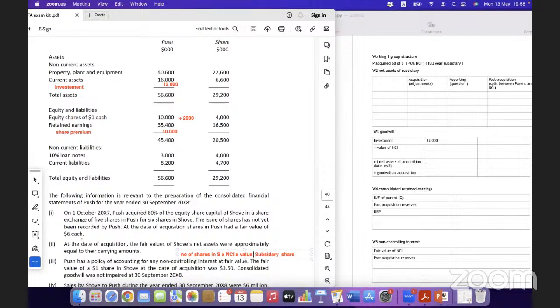Value per subsidiary share. So in some questions, they will give the value of NCI. Some questions, they won't give. So if they don't give the value of NCI, this is the equation that you need to use in order to find the NCI value. Now, can you quickly use this formula and try to find the NCI value for me, if possible? Please try to find the NCI value if you can. Use the equation. Most of the time, they will go for this method only.